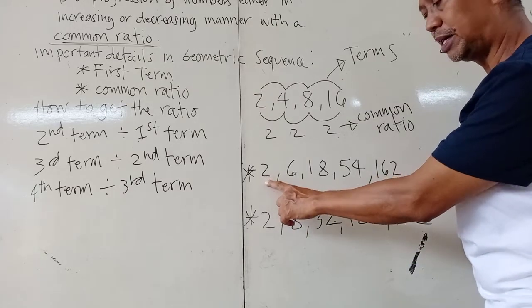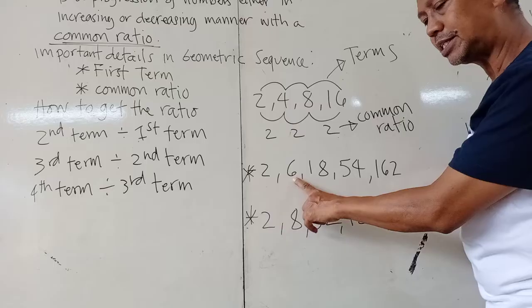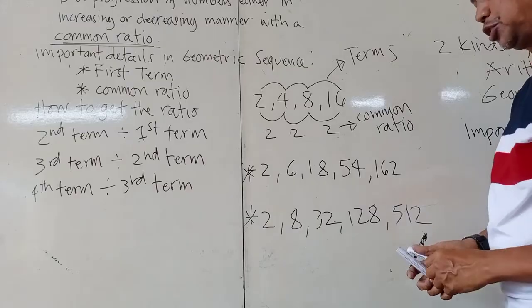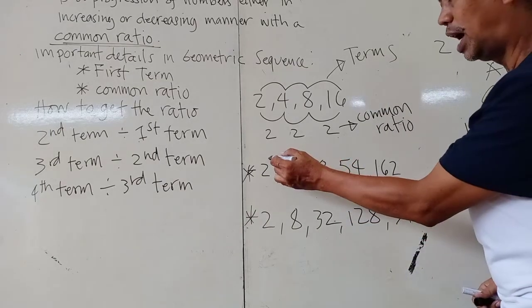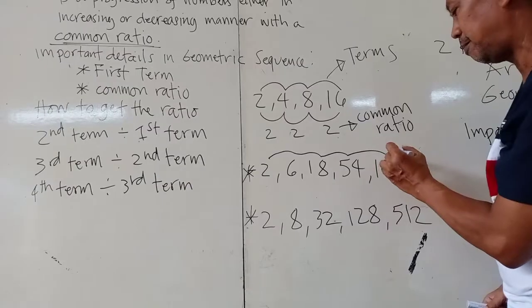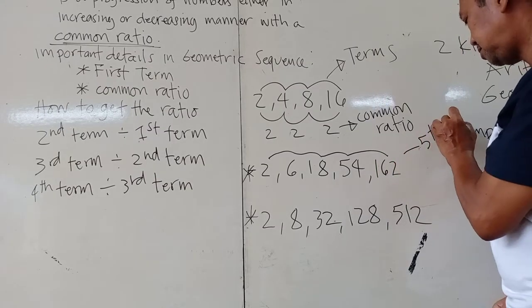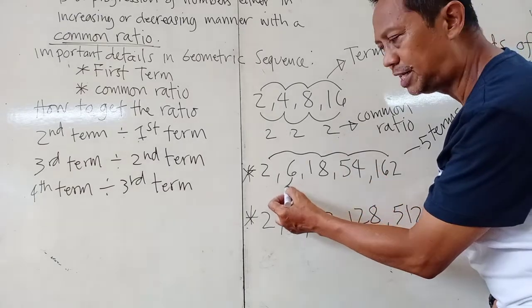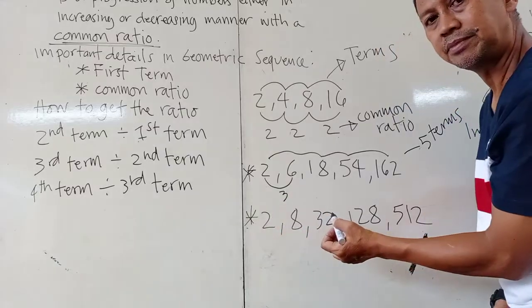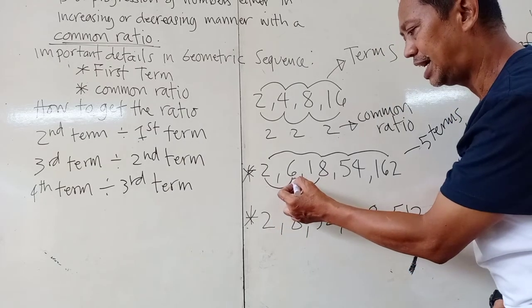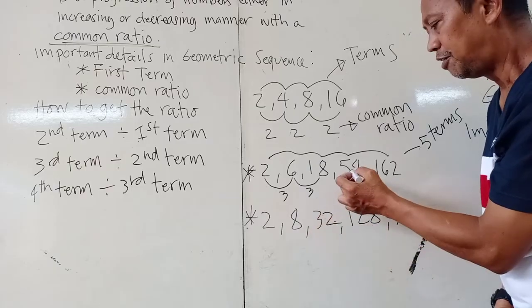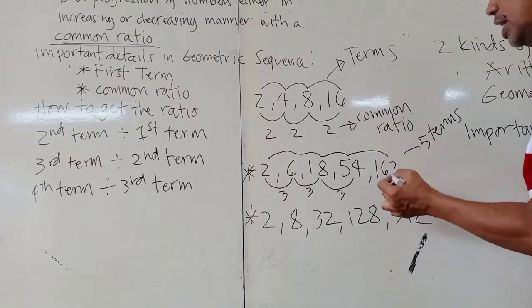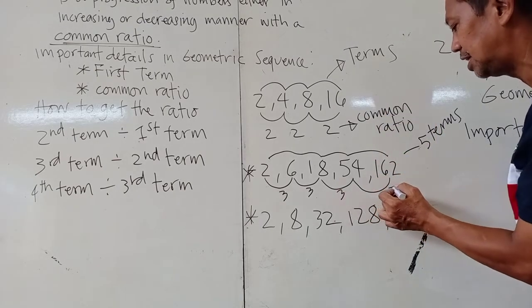Next: 2, it becomes 6. 6, it becomes 18, 54, and 162. How many terms? 1, 2, 3, 4, 5. There are 5 terms. And what is the ratio? 6 divided by 2 is 3. 18 divided by 6 is 3. 54 divided by 18 is still 3. 162 divided by 54 is still 3.